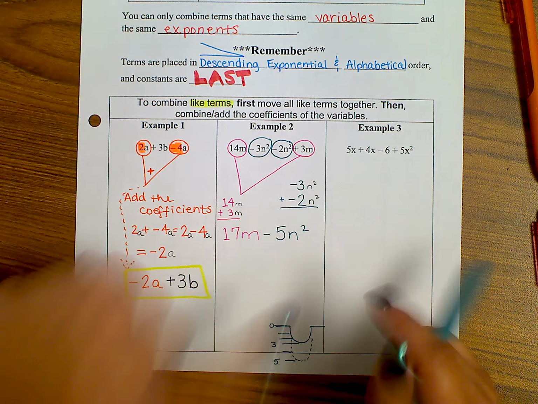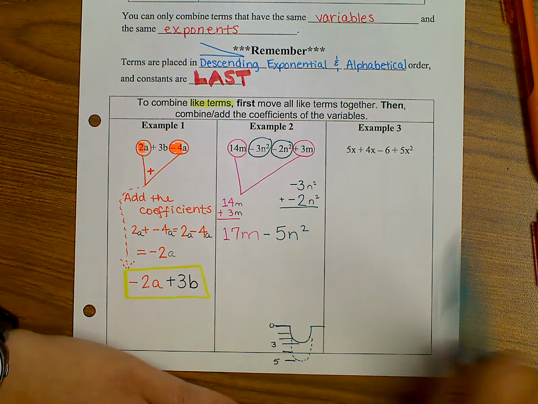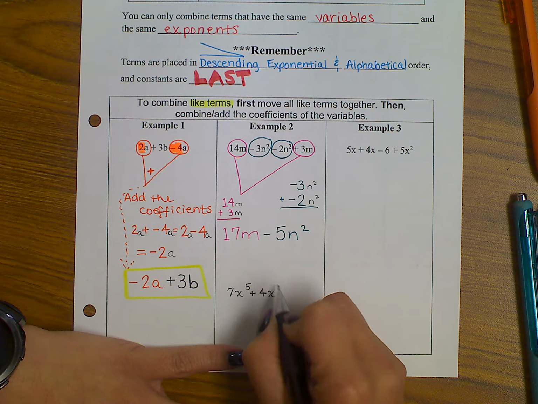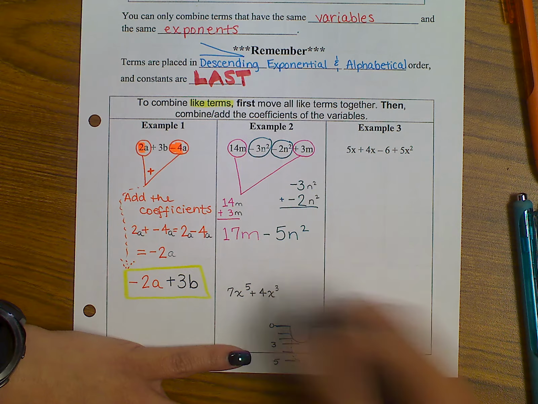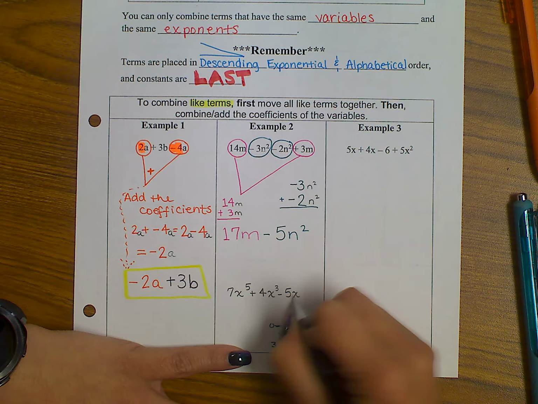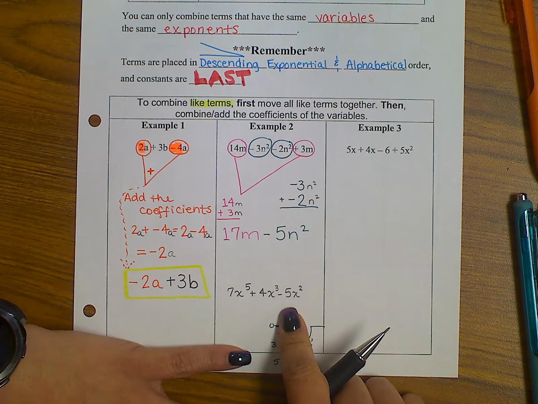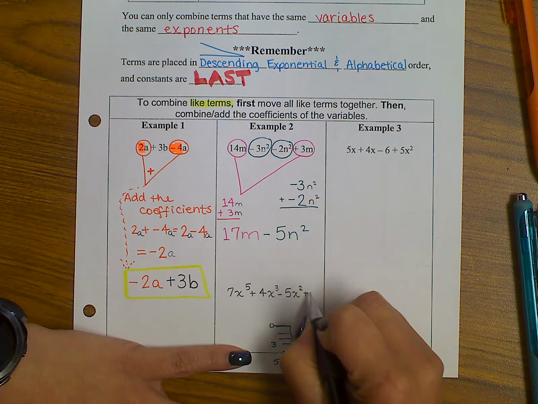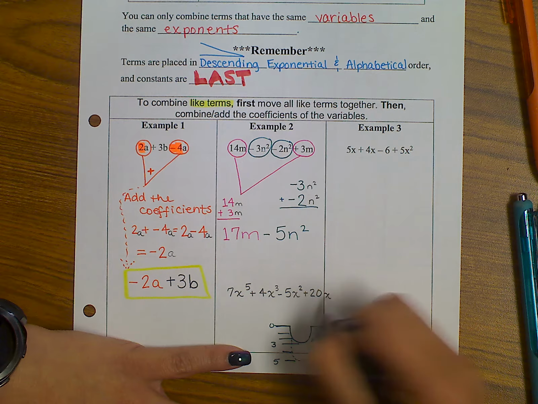Okay, so let's take, for example, if I had something like 7x to the 5th power plus 4x to the 3rd power minus 5x squared plus 20x.